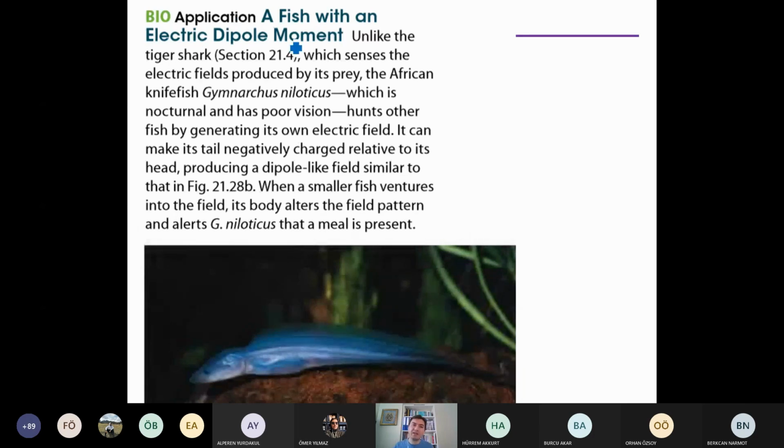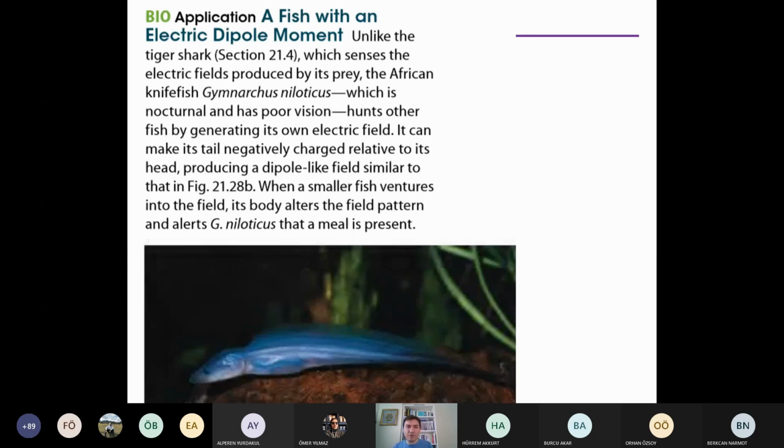I have explained the electric field detection mechanism of sharks. Here we have another type of fish which produces electric field lines around itself.